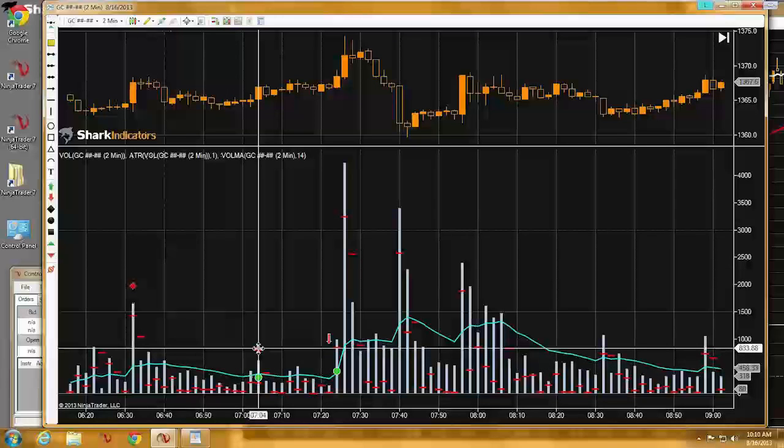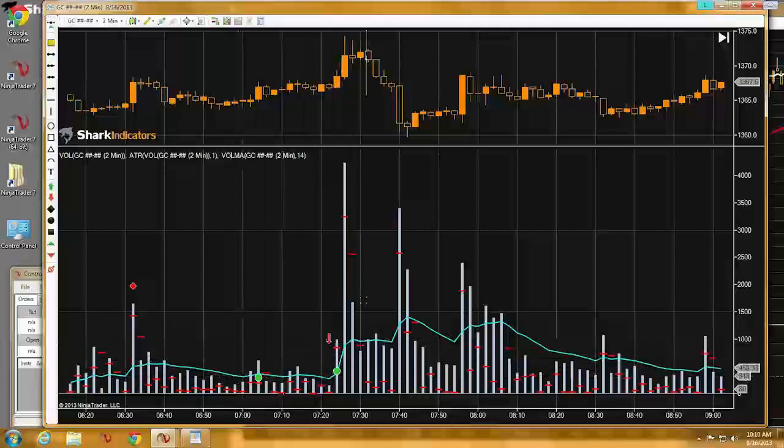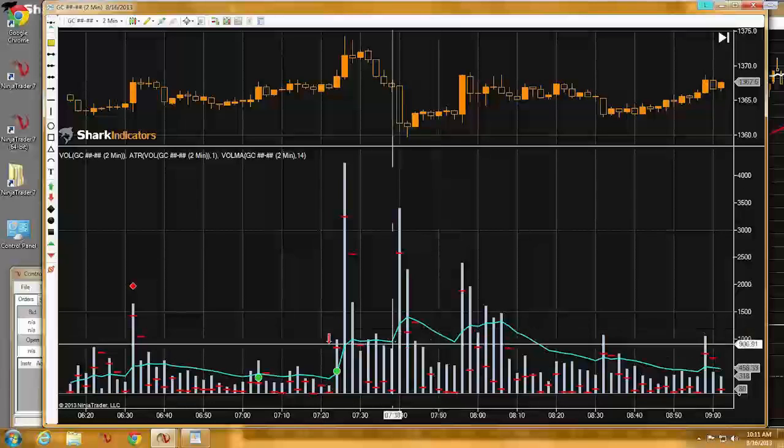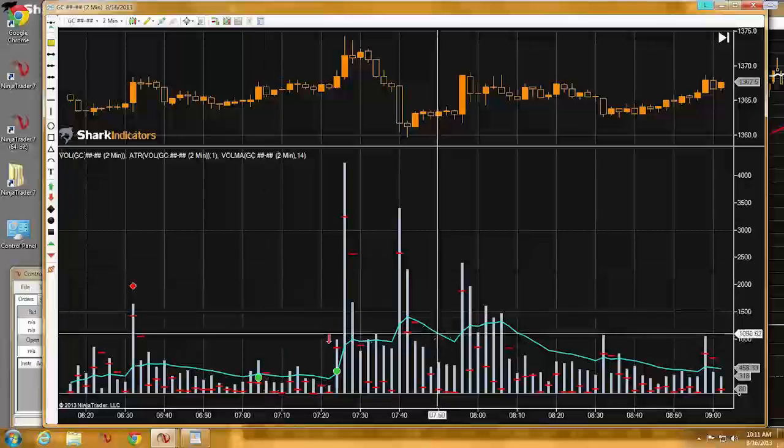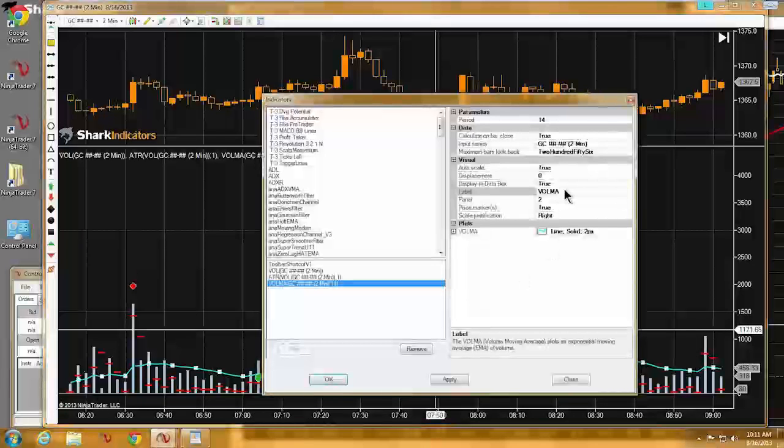And of course, one thing that you have to make sure of when you're doing these kinds of comparisons is that all of your indicators are using the same scaling. Make sure that one of your indicators isn't using the left scaling or the, let's see, what's the other type of scaling?